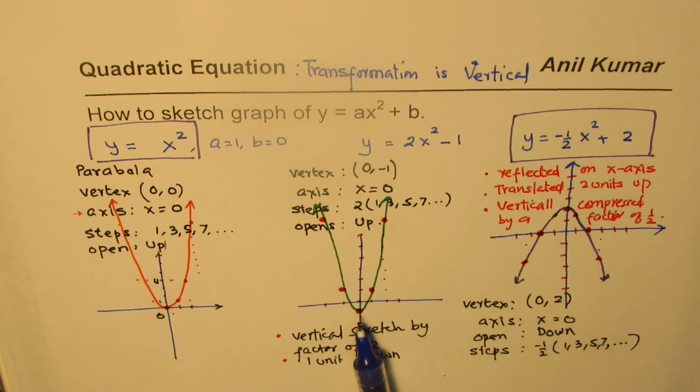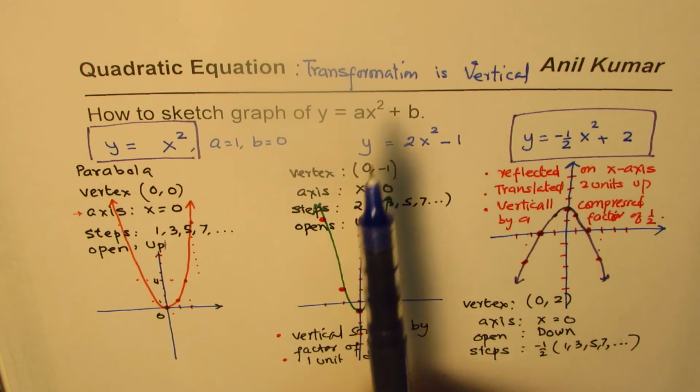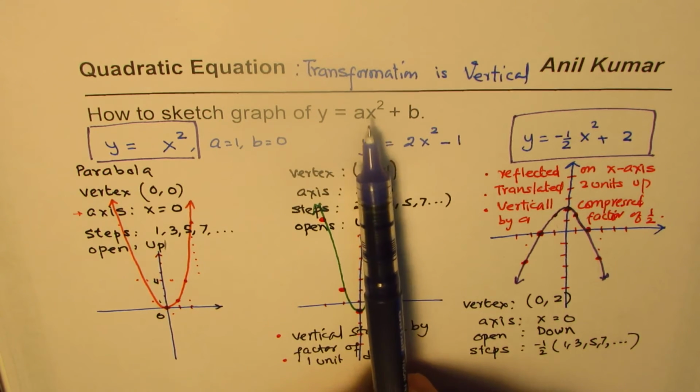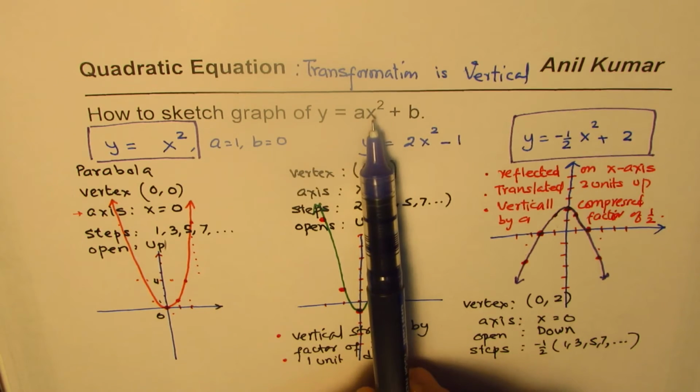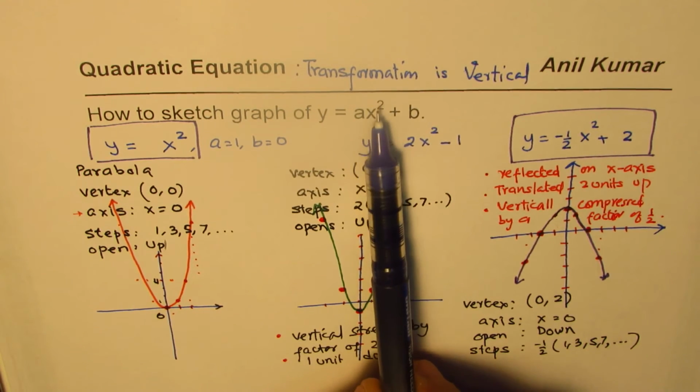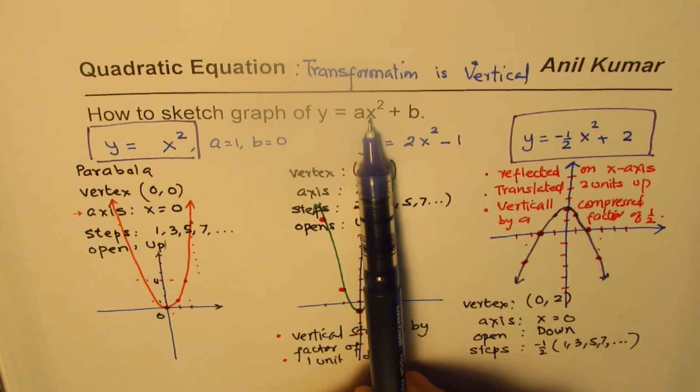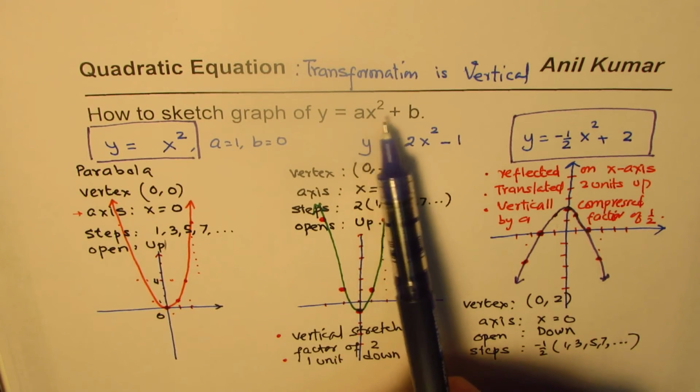Horizontally, the vertex remains on the y-axis. It hasn't moved, and the reason is that this term here is just x squared. It is not x plus or minus anything squared.